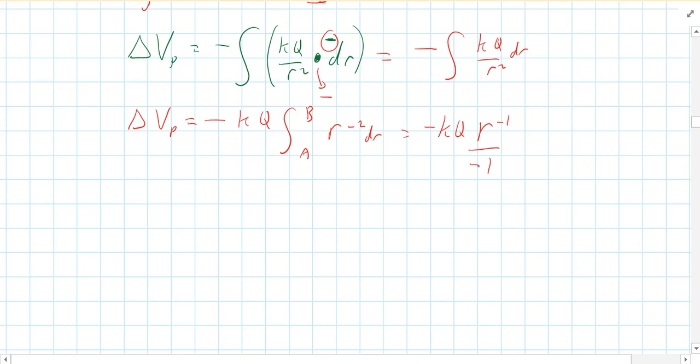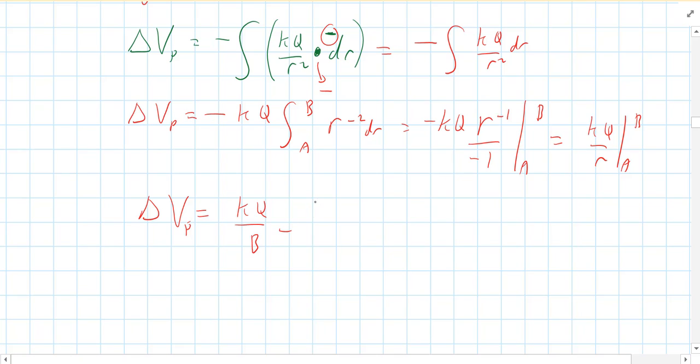So we have yet another negative in here, and you evaluate that from A to B. That simplifies down to kq over r, evaluated from A to B. And so your change in voltage for a point charge is kq over B minus kq over A.